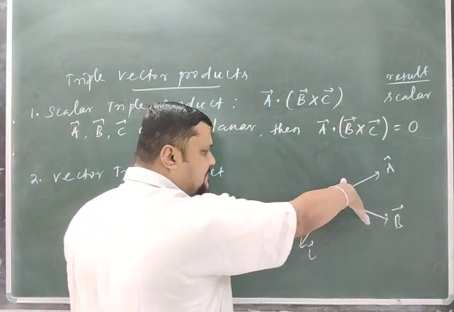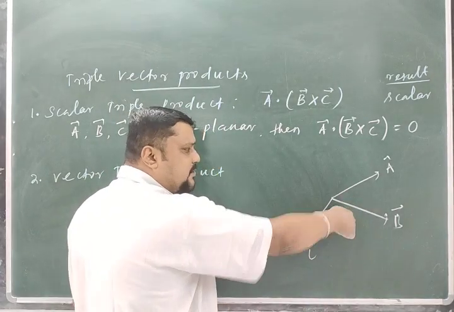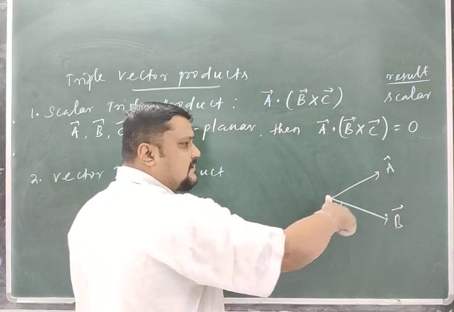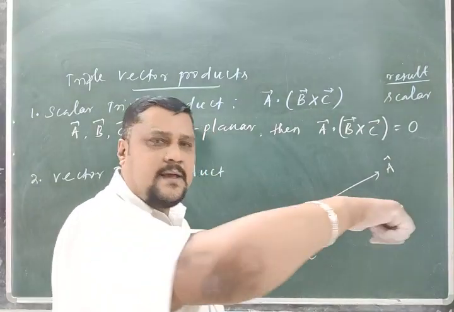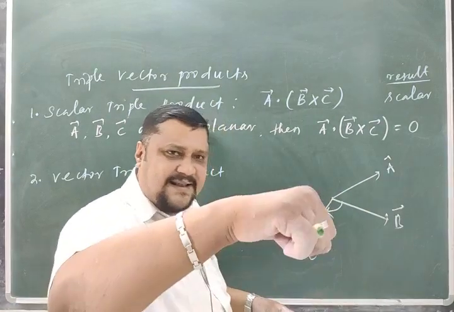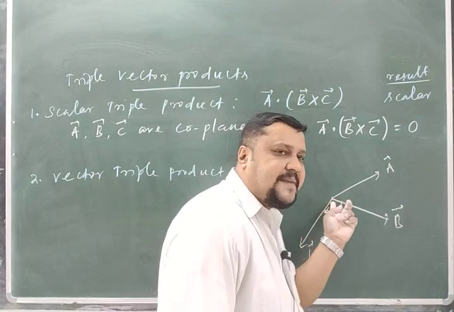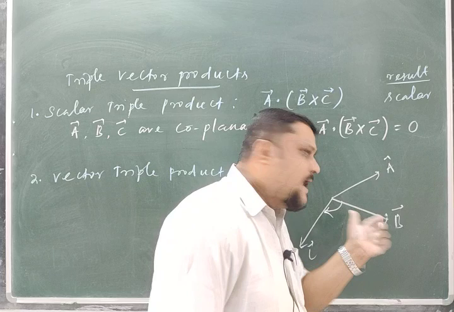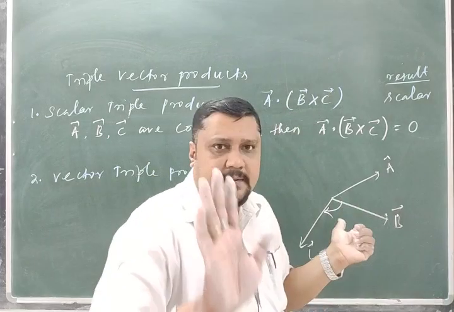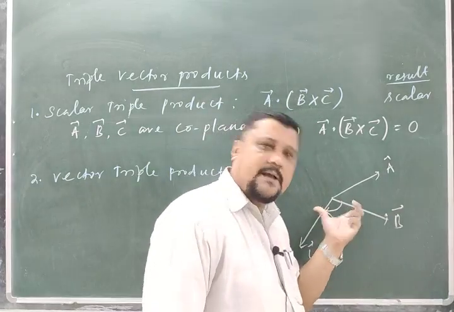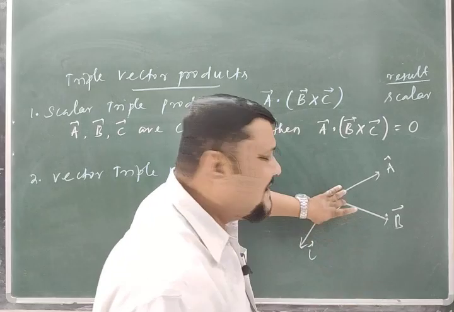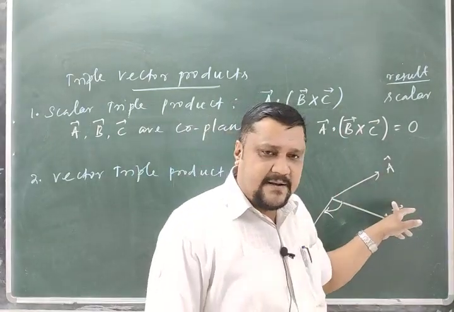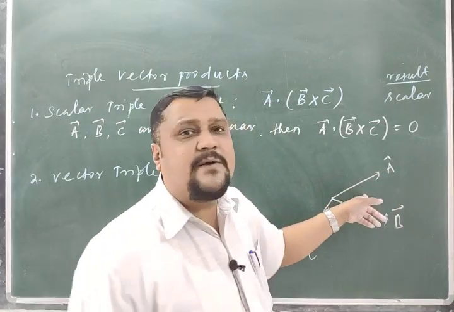Curl your fingers from B to C, this is the angle from B to C. This will give you the resultant of B cross C. It is perpendicular to this plane. Is that clear? So the result of B cross C is perpendicular to this plane, and A is in the same plane. So the result is also perpendicular to A.